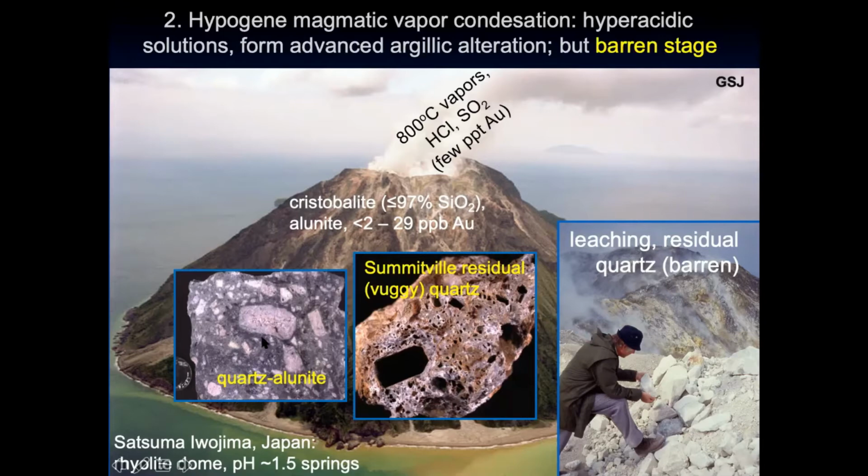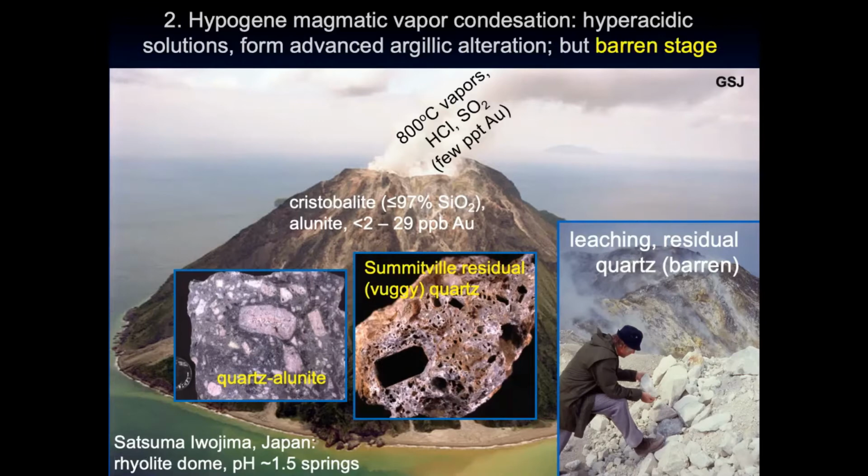And here, at the same scale, the orthoclase is still present, altered to alunite. So this would have been a pH 2 to 4, but here we have pH less than 2, and so even the alunite was dissolved.